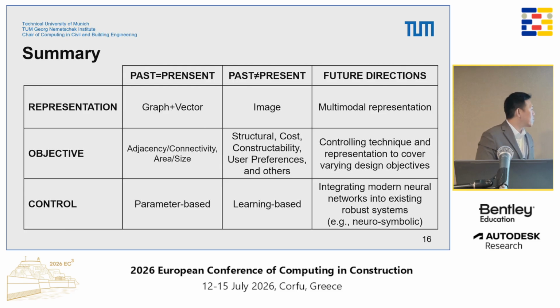And for the objectives, it started from the space relationship as a constraint, right, in GSP. But now it's moving towards more diversified objectives, and I believe controlling techniques and representation to cover these varying design objectives could be a very good future direction to focus on.